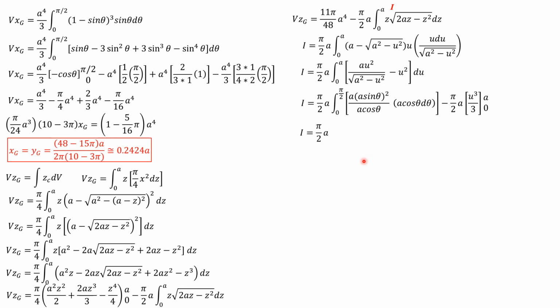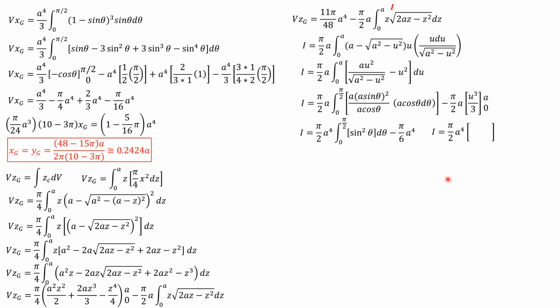Simplify first. I is pi over 2 a to the fourth, integral from 0 to pi over 2 of sine squared theta d theta, then minus, this is pi over 6 a to the fourth. So applying Wallis formula by experience, this is pi over 4, remember?